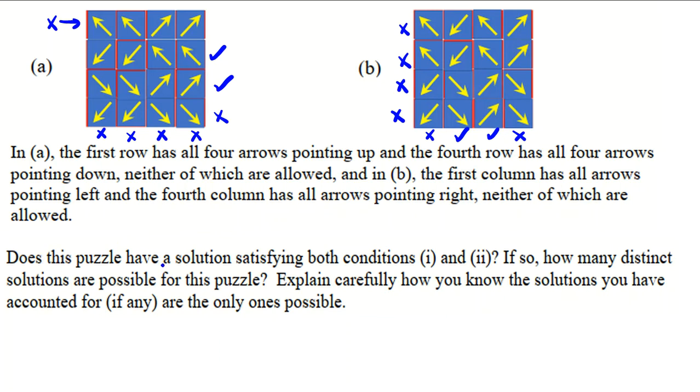Does this puzzle have a solution satisfying both the first and second conditions? Yes. If so, how many distinct solutions are possible for this puzzle? 2. Explain carefully how you know the solutions you have accounted for, if any, are the only ones possible. Okay, so guessing and finding the answer is not easy.